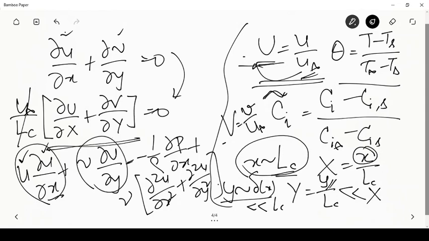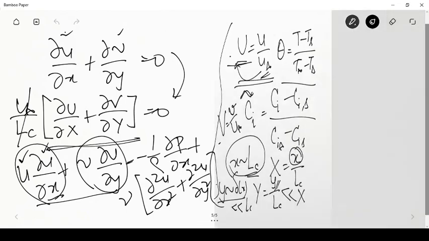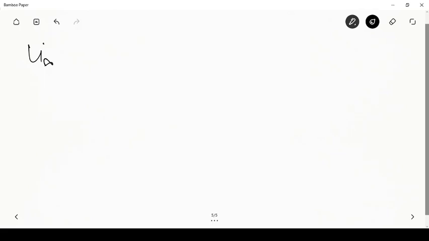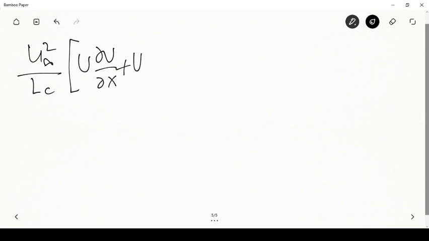So on the left hand side, I'll be able to write all of these in the capital with a u infinity squared divided by LC. Okay. So let us do that and come back to this page. So you will get a u infinity squared divided by LC multiplied by u del u by del x plus v del u by del y.